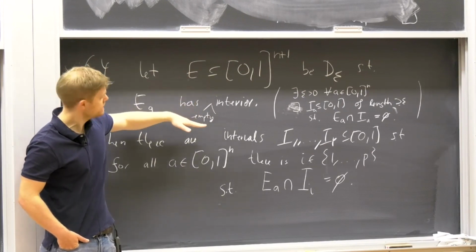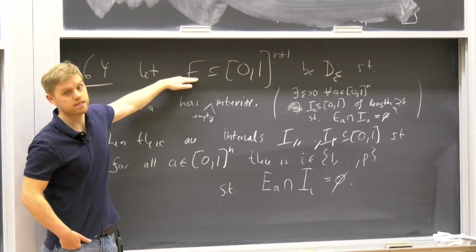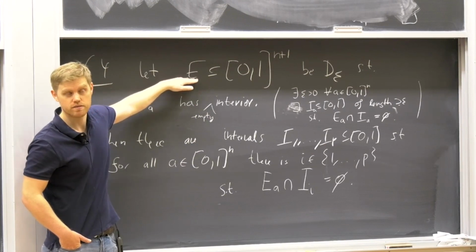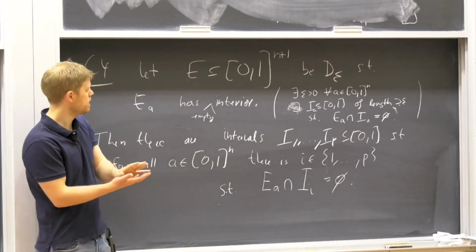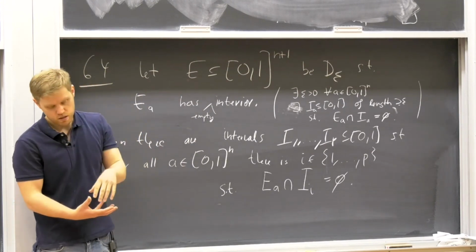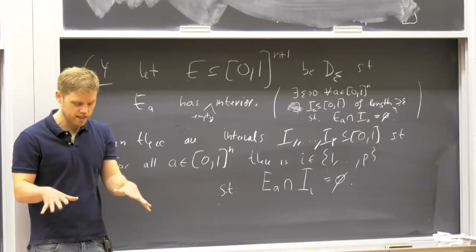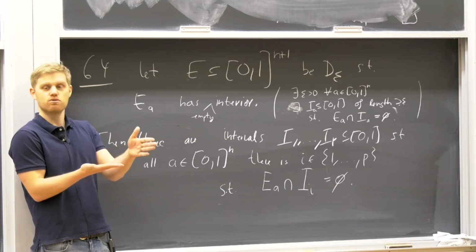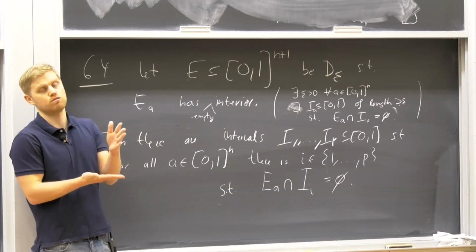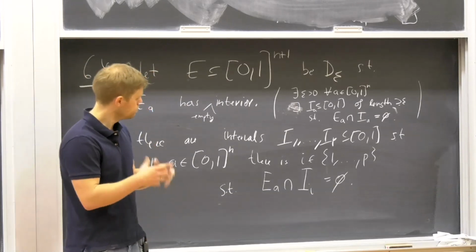And what I'm going to show next time is that this family of the EAs is uniformly Minkowski null. And that is really the crucial case for how you do it for higher dimensions. Then afterwards I will consider the planar case. And what you really want to understand in the planar case is to make sure that the fibers are uniformly small. And that I will then use to do the planar case.